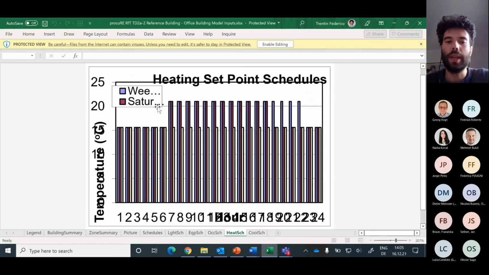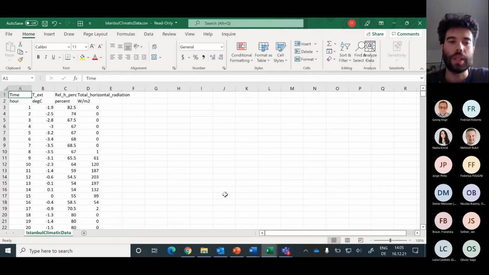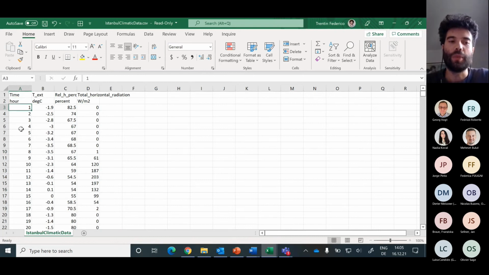Only to give you an idea, I'm opening the CSV format. Basically, for each hour of the year, you have the information about external temperature, relative humidity, and total horizontal radiation.